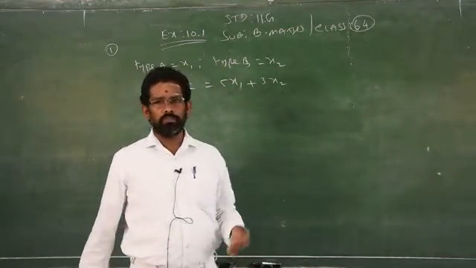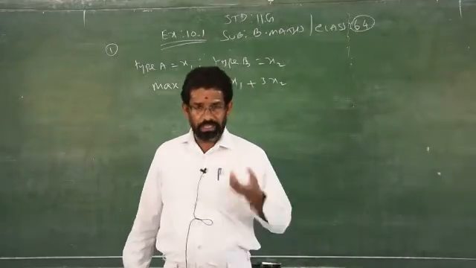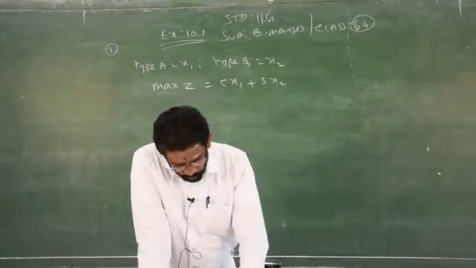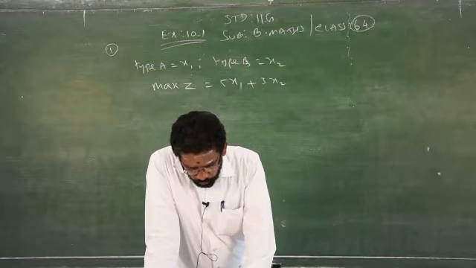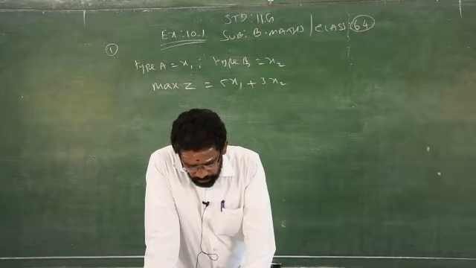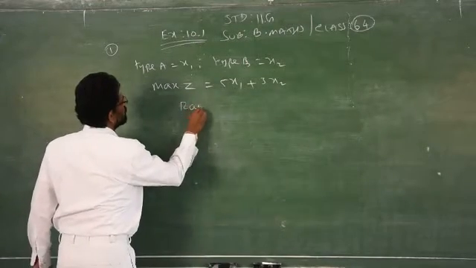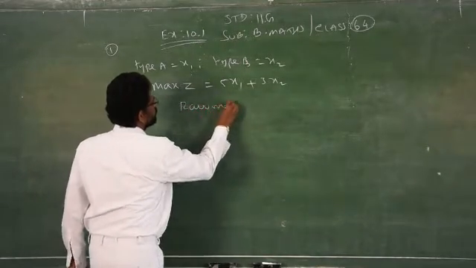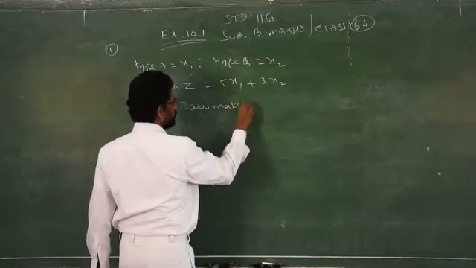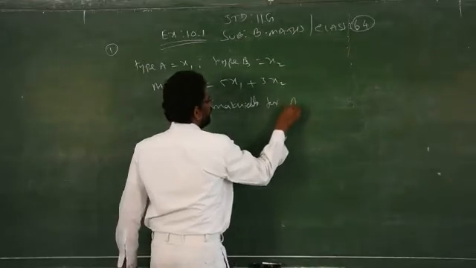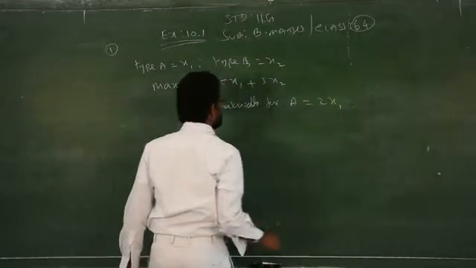To find X1, X2, we have some constraints given, and the condition is nothing but what? Constraints. See, the raw material required for each pen A is twice that of pen B. So, raw materials for A, that is 2 times X1.